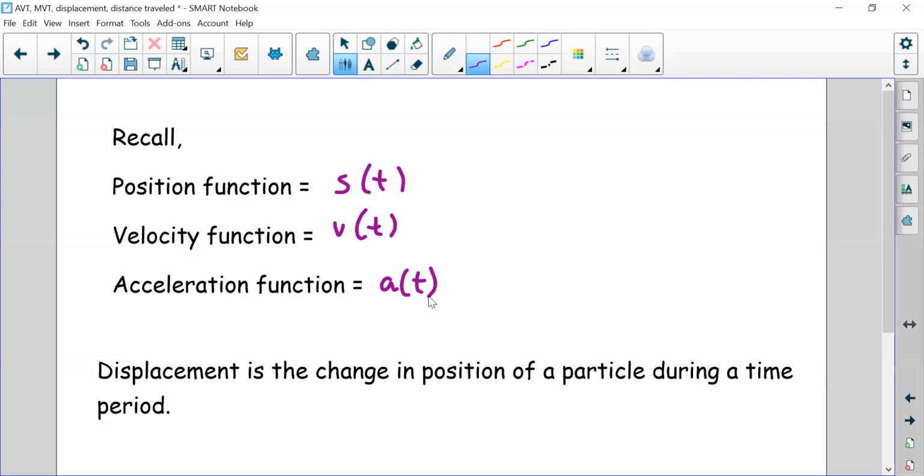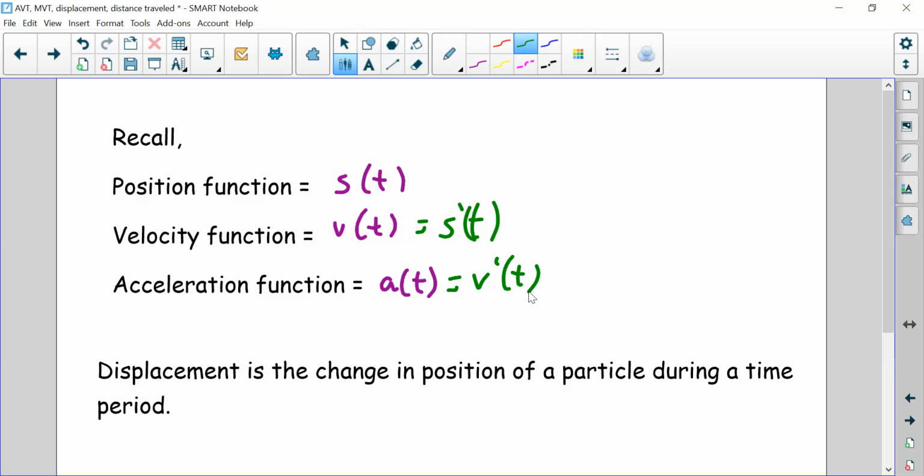If we took the rate of change of the position function, that was equal to our velocity. So velocity is the derivative of the position function. And the rate of change of velocity is acceleration, so acceleration is the derivative of the velocity function.